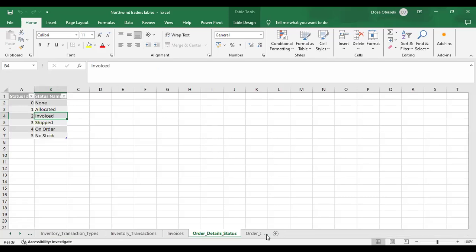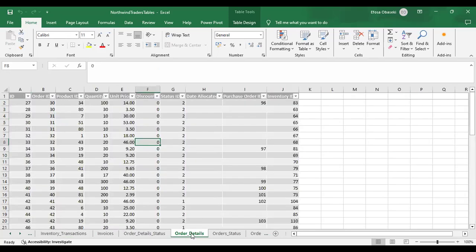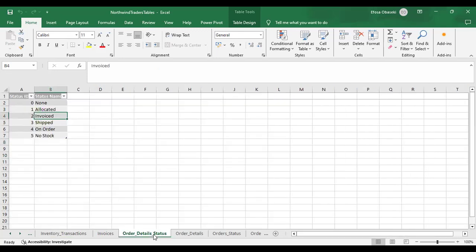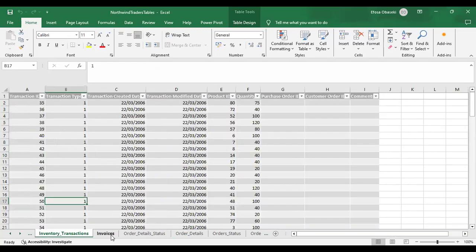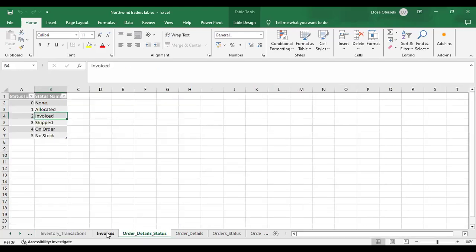Okay, one is customers. Then we have, what about these other details? Other details status. There are some that are related to sales, which we are not going to deal with today, like these invoices. No, let's work with this. Other details.